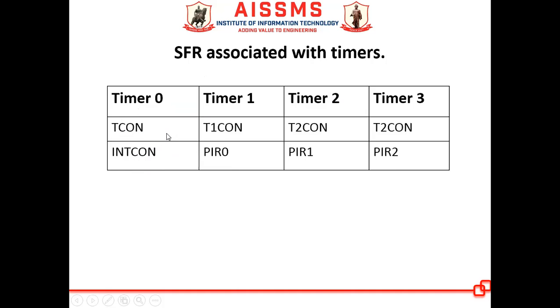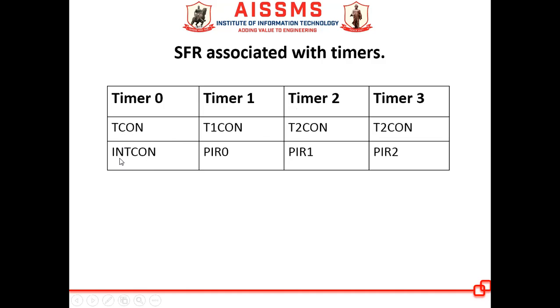So, the timer 0 control register will have bits to control the operation of timer 0. So what are the operations that can be controlled? The starting of timer, stopping of timer, etc. Setting up of a prescaler. If it has a postscaler, then setting up of that bit, etc. So you need those features, and those are incorporated in the control register.